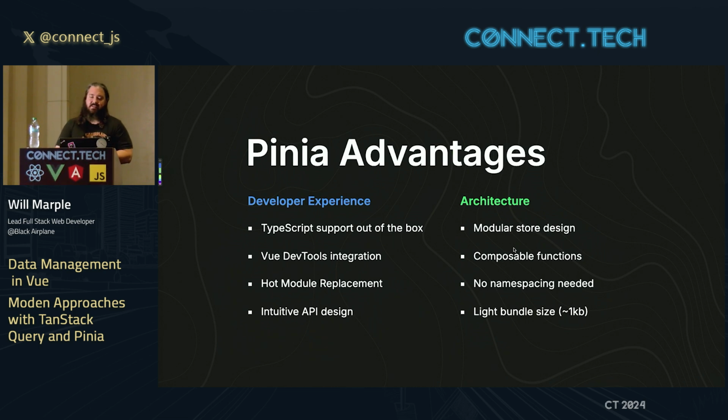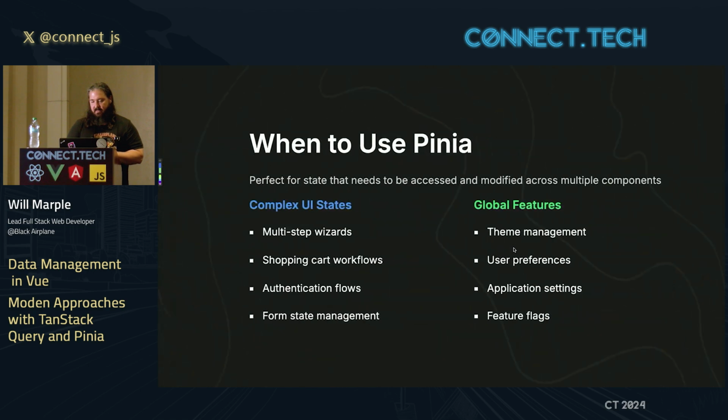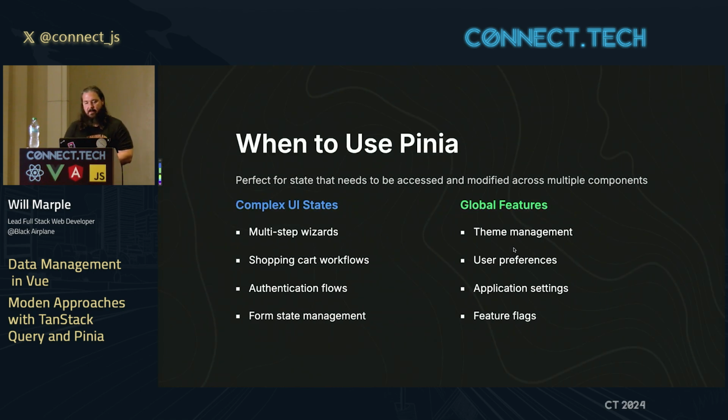You get a great DX, full TypeScript support, Vue DevTools integration, hot HMR, and intuitive API design that plugs in seamlessly with the composition API. Oh yeah, and I already talked about the mutation functions. Sounds like a lot of you are already using Pinia though.